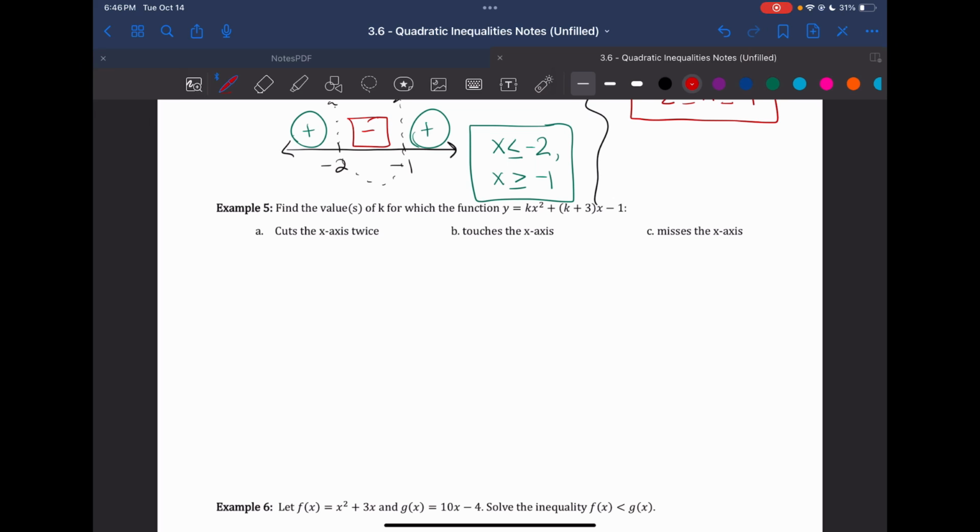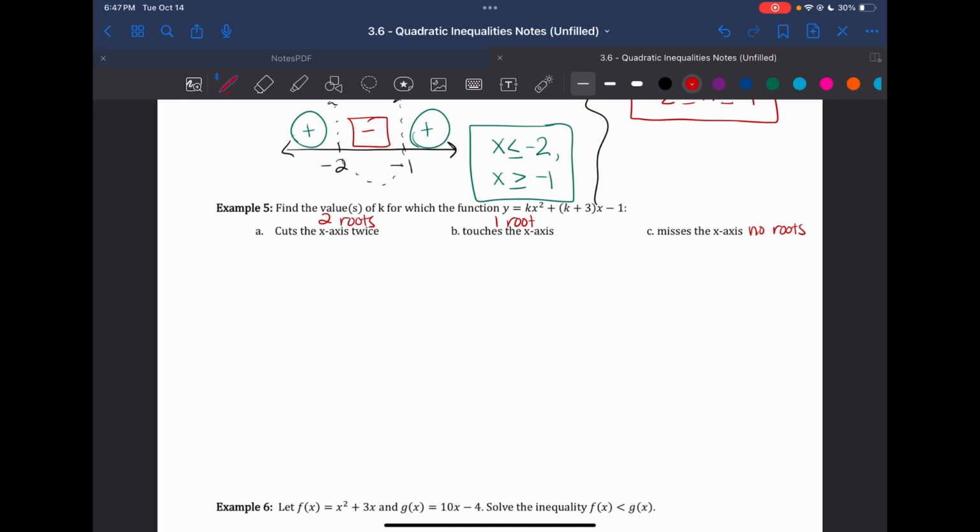So really when it's saying cuts the x-axis twice, you're looking for where it has 2 roots. Touches the x-axis, that would be 1 root. And then misses the x-axis, that would be no roots. No real roots rather, but no roots for our purpose.